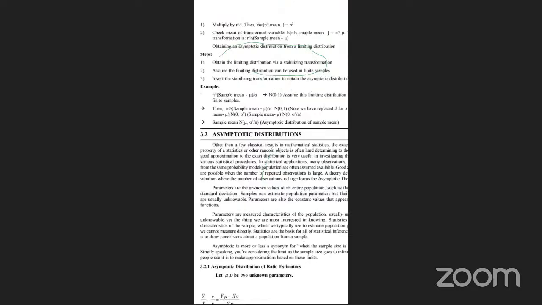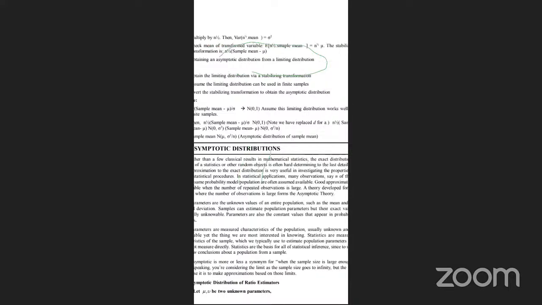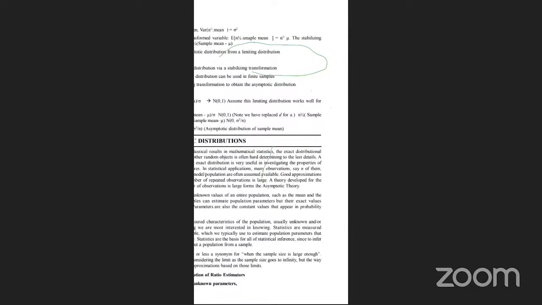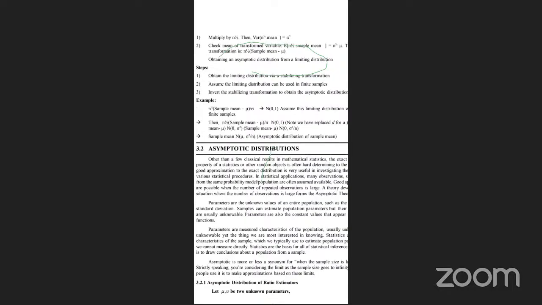So here we multiply by n to the power of 1/2; the variance is then sigma square. Check the mean of the transformed variable: the expectation of n^(1/2) times the sample mean equals n^(1/2) mu. The stabilizing transformation is n^(1/2) times (sample mean minus mu).